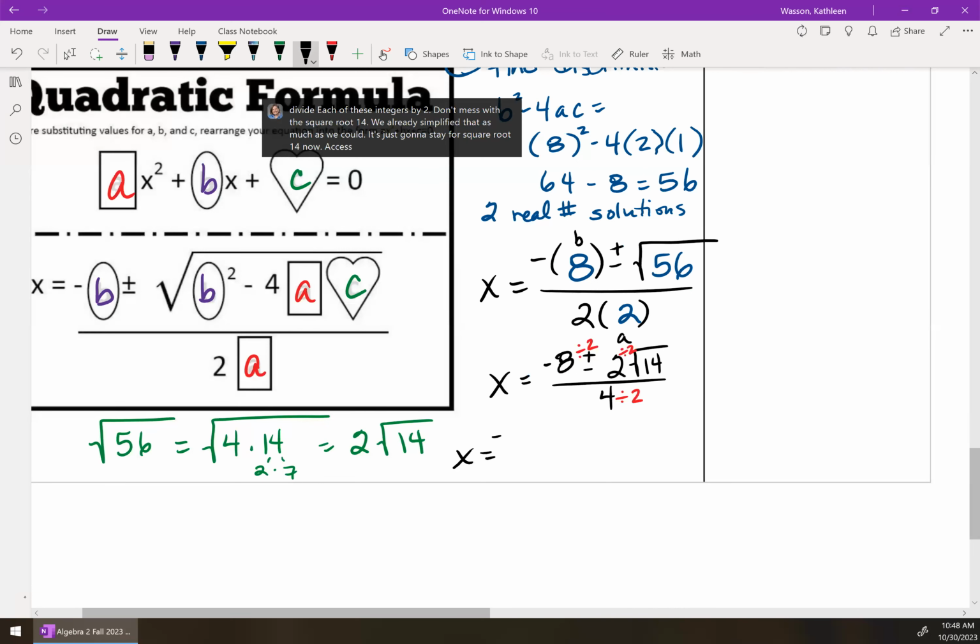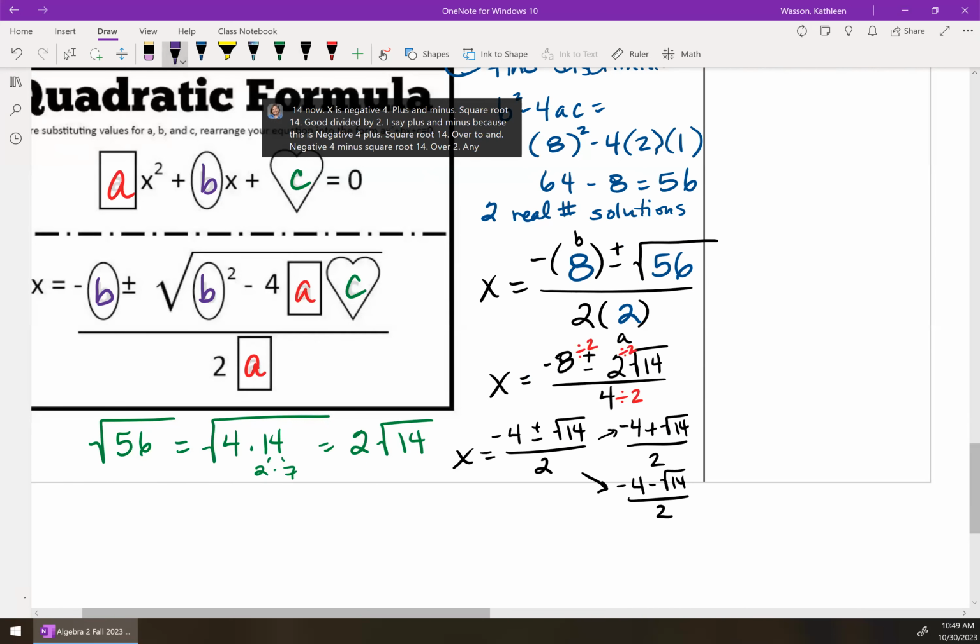x is negative 4 plus and minus square root 14 divided by 2. I say plus and minus because this is negative 4 plus square root 14 over 2 and negative 4 minus square root 14 over 2.